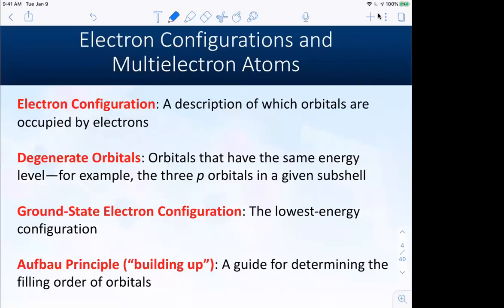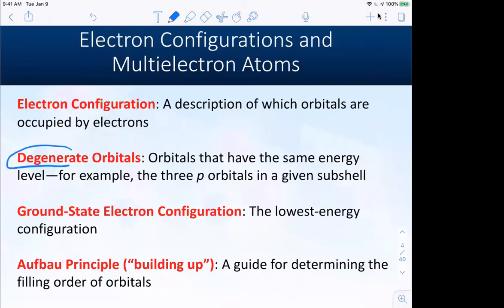So remember, the number of protons is equal to the atomic number, and in the neutral atom, something that isn't ionized, the number of electrons is also equal to the atomic number, because to get a neutral atom, I have to have the same number of positive charges as I do negative charges, since protons are positive and electrons are negatively charged. To have a neutral atom, I have to have the same number of protons as electrons.